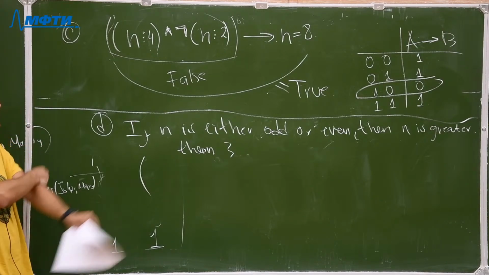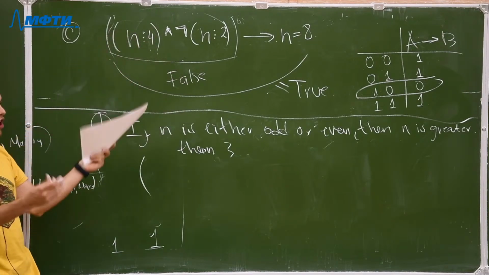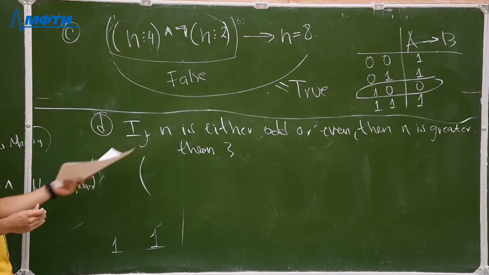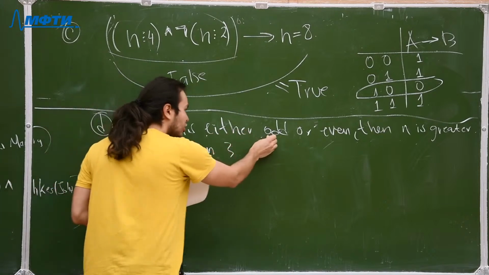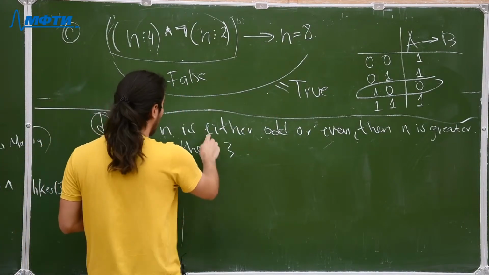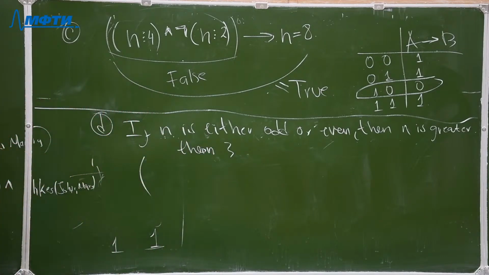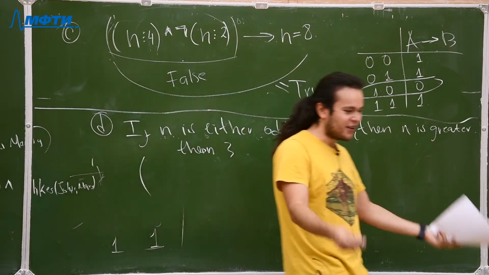We need to use this notation here and construct a statement in which we say that n is either odd or even. So, how do we write that n is even?